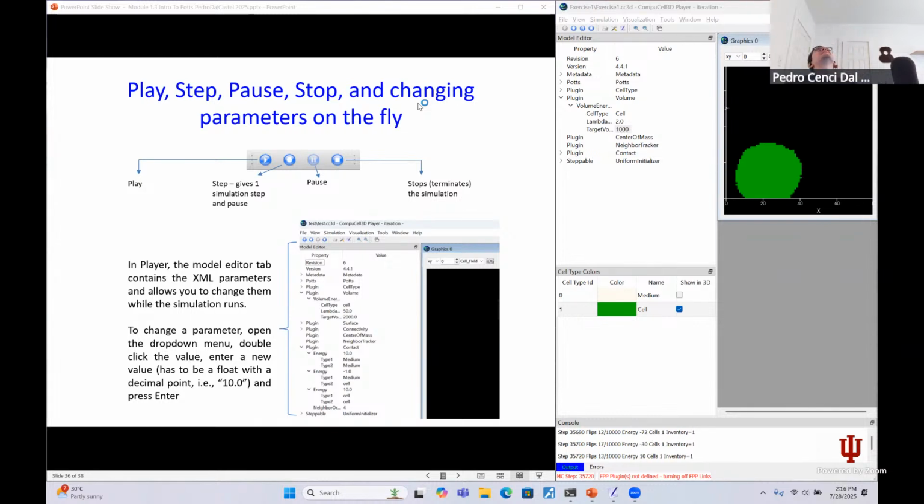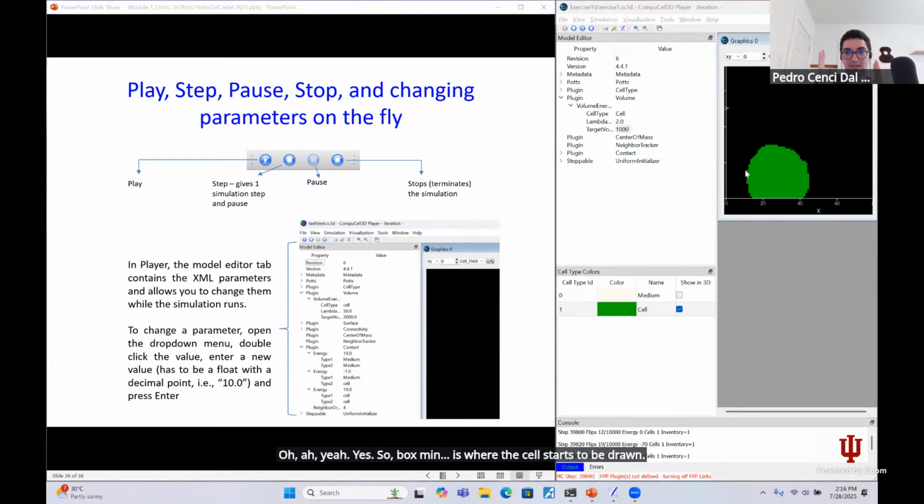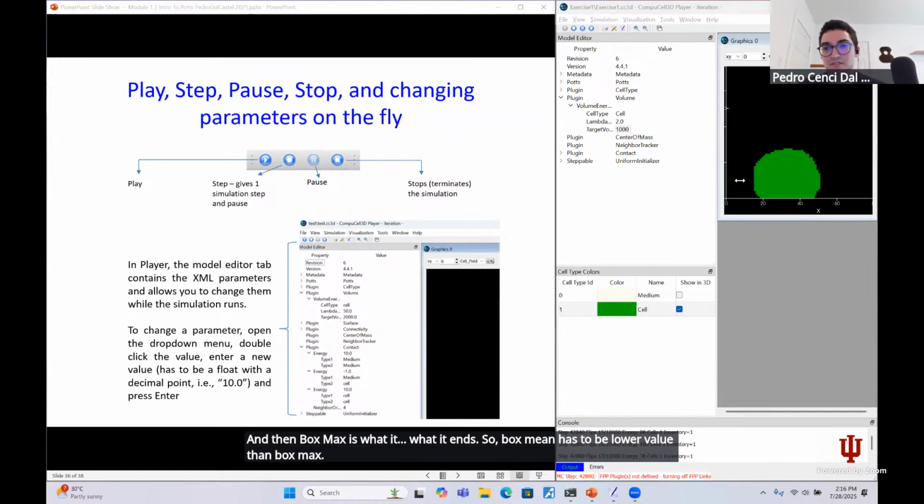Oh, yeah. Yes. So box min is where the cell starts to be drawn, and then box max is where it ends. So box min has to be a lower value than box max.